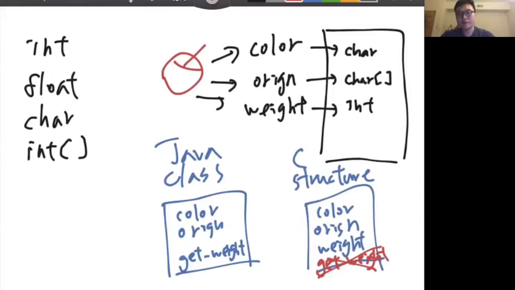So what's the difference between C structures and a Java class? The huge difference is that you cannot define methods in C structures.